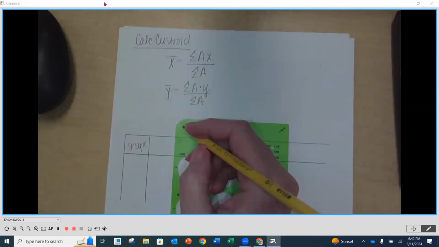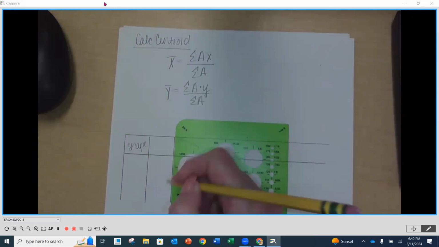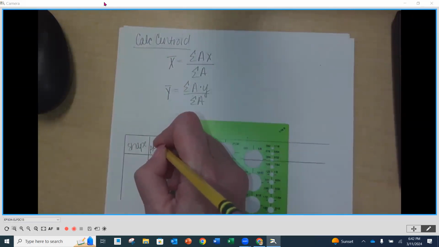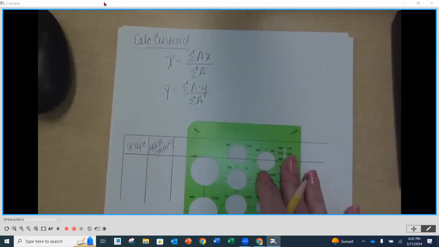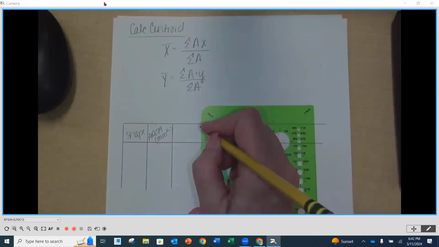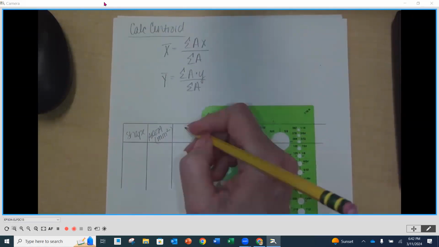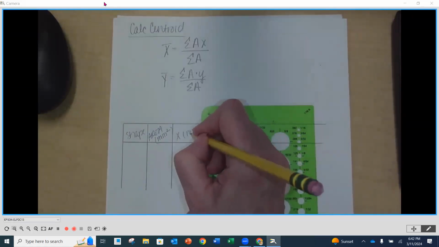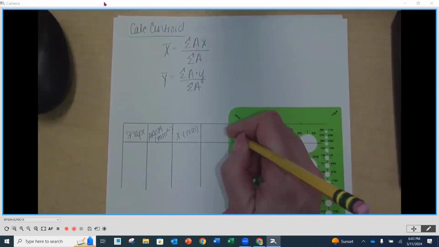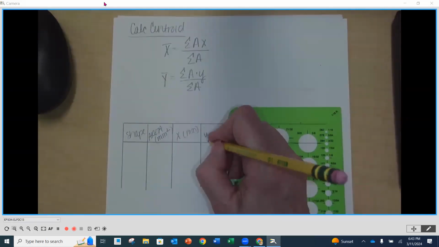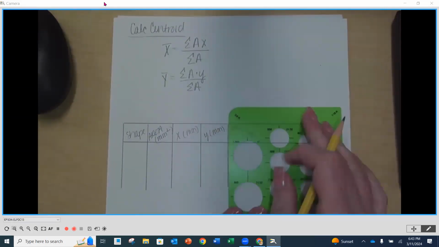Then we're going to have our area for each shape. The units are millimeters squared. Then we're going to have our X distance, that's going to be millimeters. We're going to have our Y distance, millimeters.